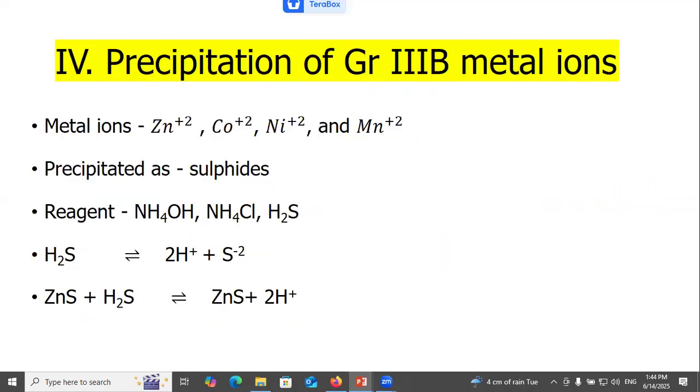Precipitation of group third B metal ions: zinc plus 2, cobalt plus 2, nickel plus 2, and manganese plus 2 precipitate as sulfides. Reagents: ammonium hydroxide, ammonium chloride, hydrogen sulfide.